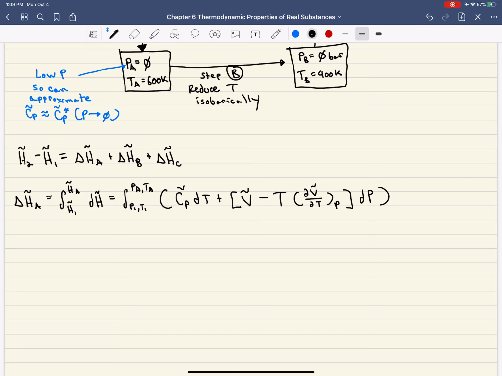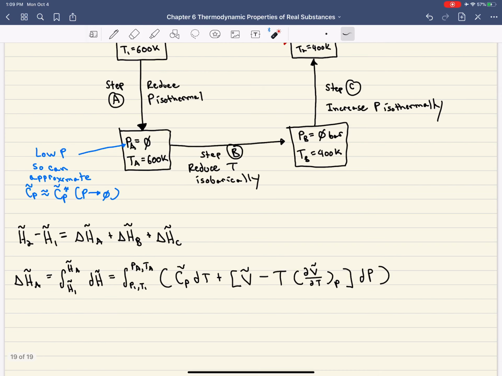Okay? All right. And so in step A is isothermal.